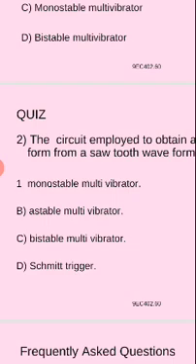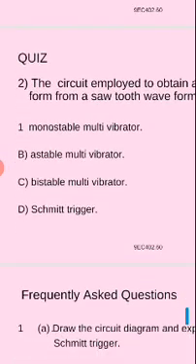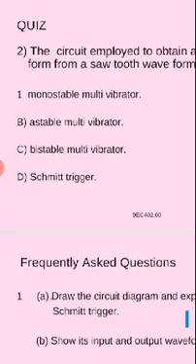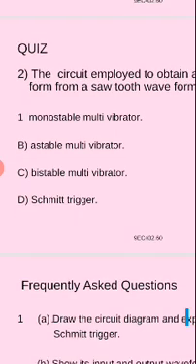Option B, astable multivibrator. Option C, bistable multivibrator. Option D, Schmitt trigger. Here the answer is Schmitt trigger, option D.